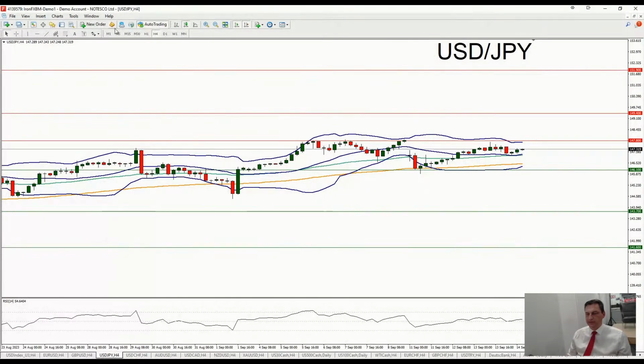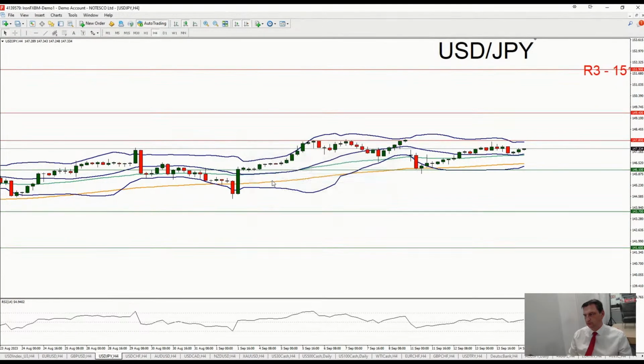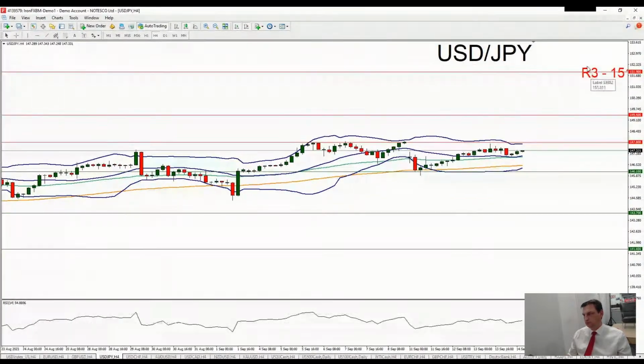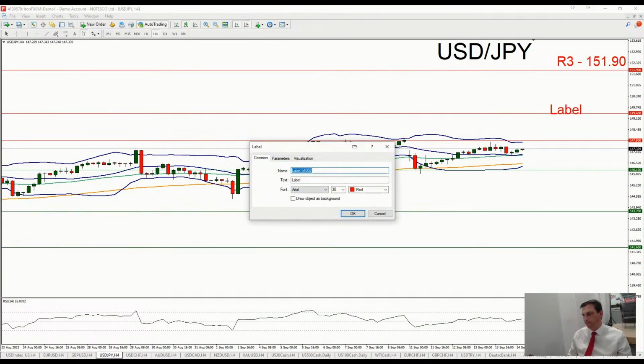Let's place the labels, starting with the R3 at 151.9. Moving now to the R2 at 149.40.